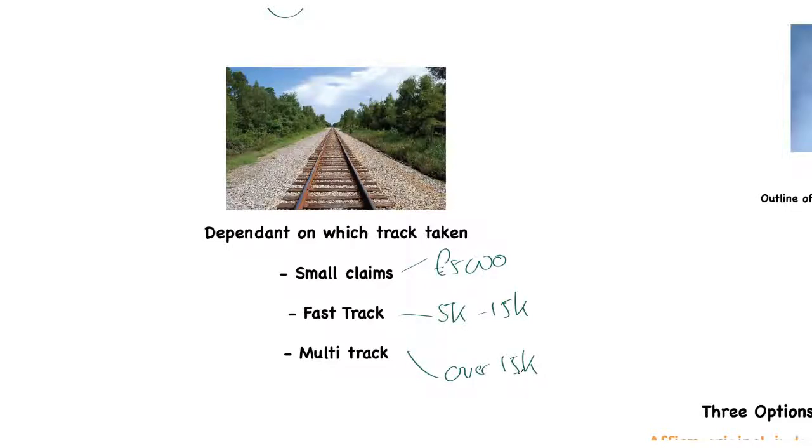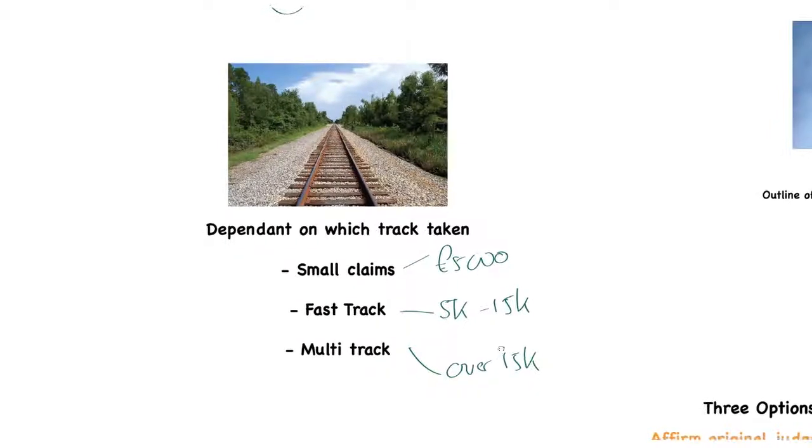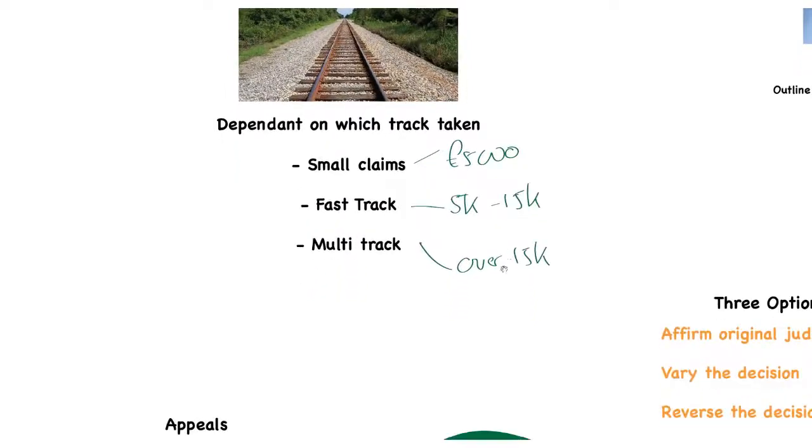But I will explain fully the difference between small claim, fast track and multi-track in a later video, because they are often asked as questions in the AQA exam. If a case is heard in the High Court, it will be heard in the Queen's Bench Division. I think we've already covered that.